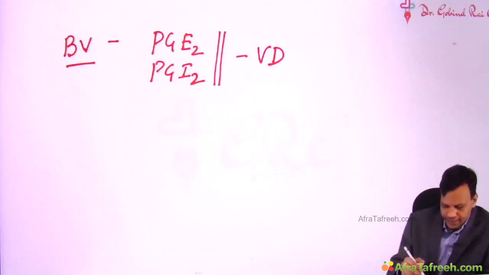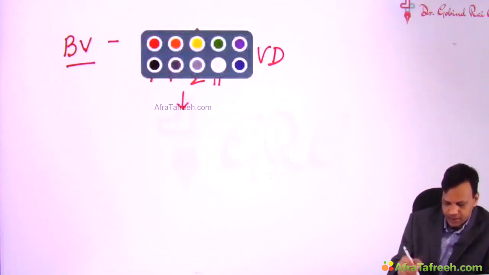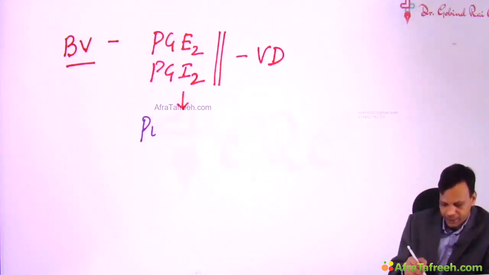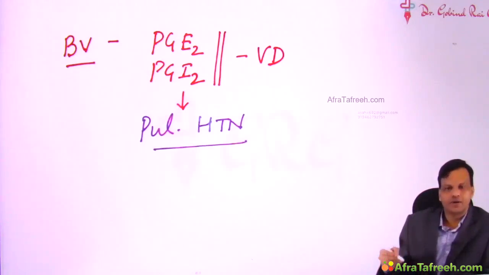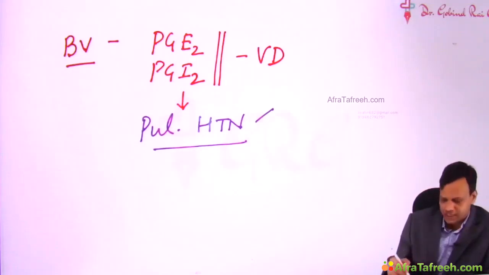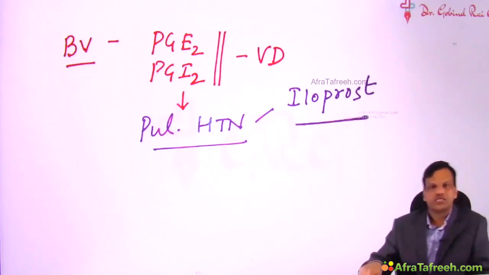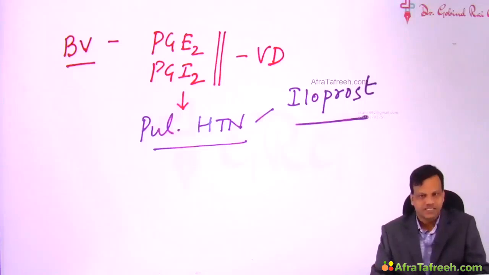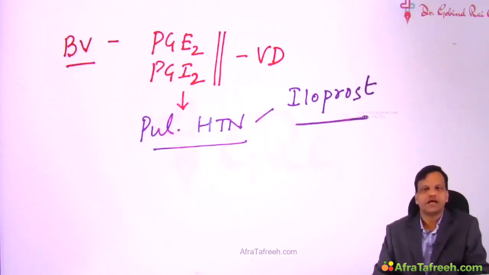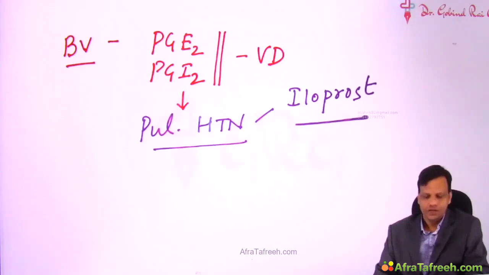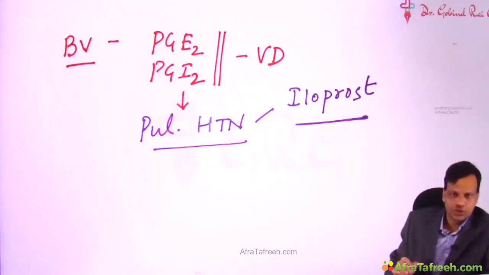And we utilize their vasodilatory action in the treatment of pulmonary hypertension. In treatment of pulmonary hypertension, we give drugs like iloprost, which is PGI2. It causes dilation of pulmonary vessels, which will treat the pulmonary hypertension. So this is the effect on the cardiovascular system.